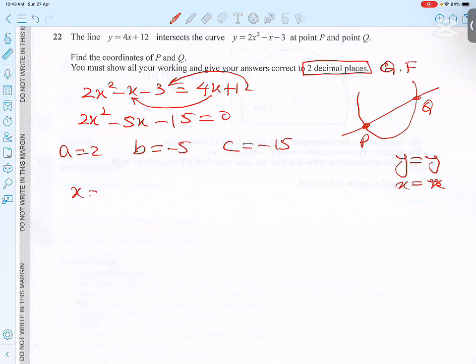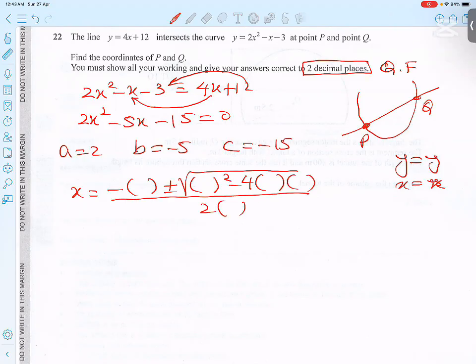And when you apply the quadratic formula, negative B plus or minus the square root of B squared minus 4AC, over 2A. There are 2 B's, one here and one here, so negative 5 will come in both brackets. And there are 2 A's, so this 2 will come up and down. And this C value will come here.